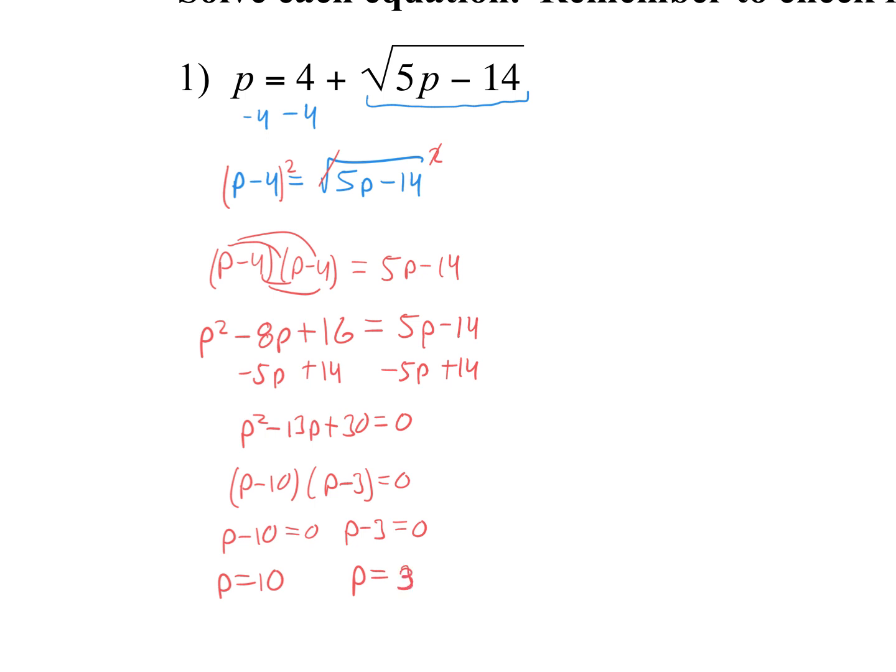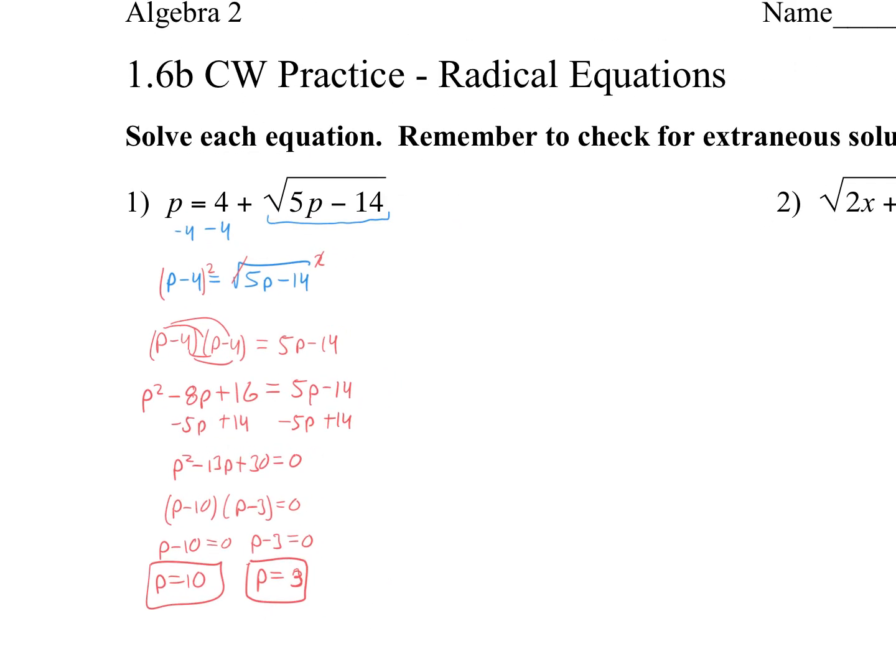All right, so once we get these answers, we want to check and make sure that they are valid solutions. So I'm going to go ahead and check over here. Plug your answers into the original, right? I'm going to start with p equals 10. So I get 10 equals 4 plus the square root of 5 times 10 minus 14.